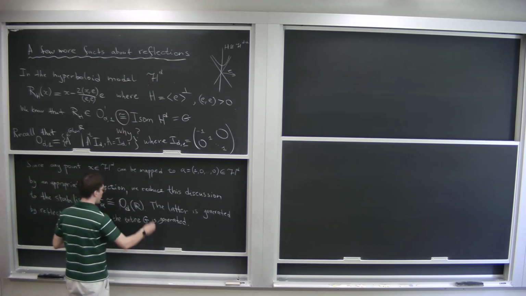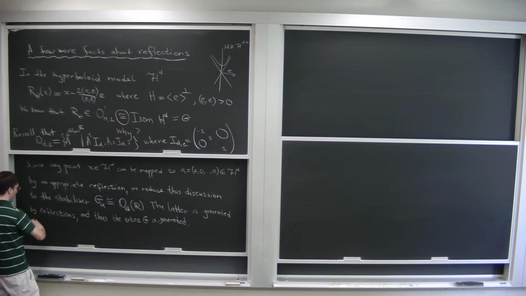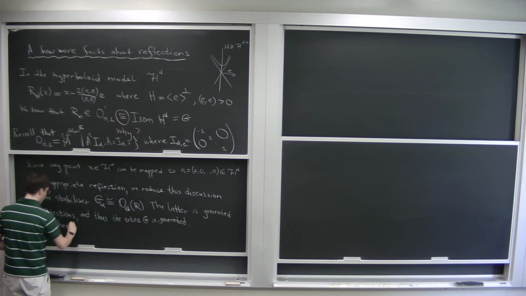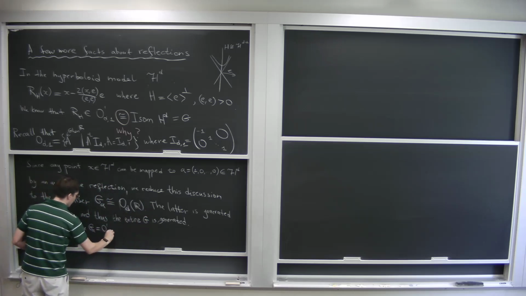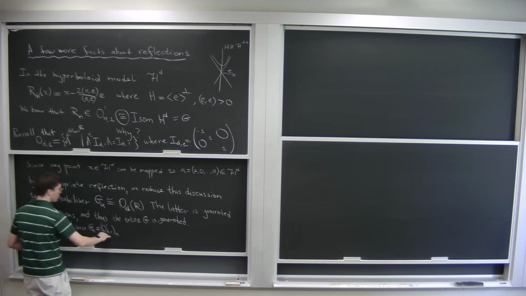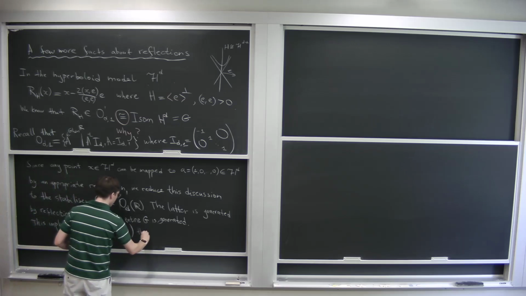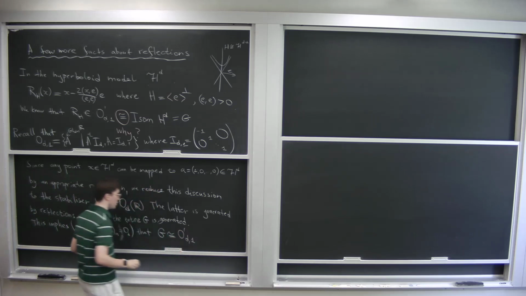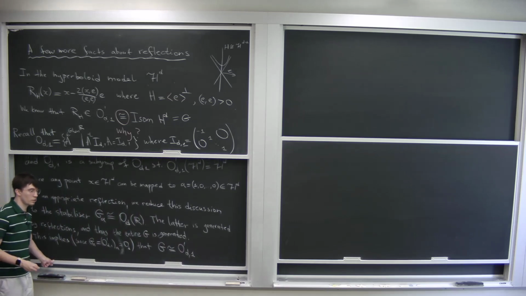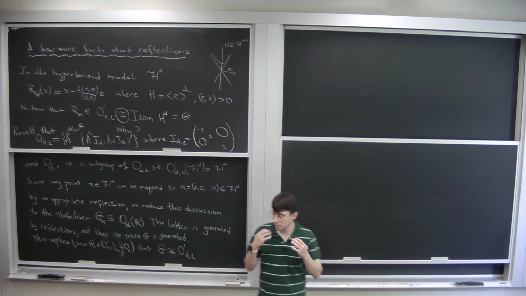So for the stabilizer, we know that this is the orthogonal group. Since the stabilizer of the point A in G is also the stabilizer of this point in the group O'(D,1), namely O(D), this implies that G is isomorphic to O'(D,1). So we have this important consequence of the behavior of reflections in the hyperbolic space.